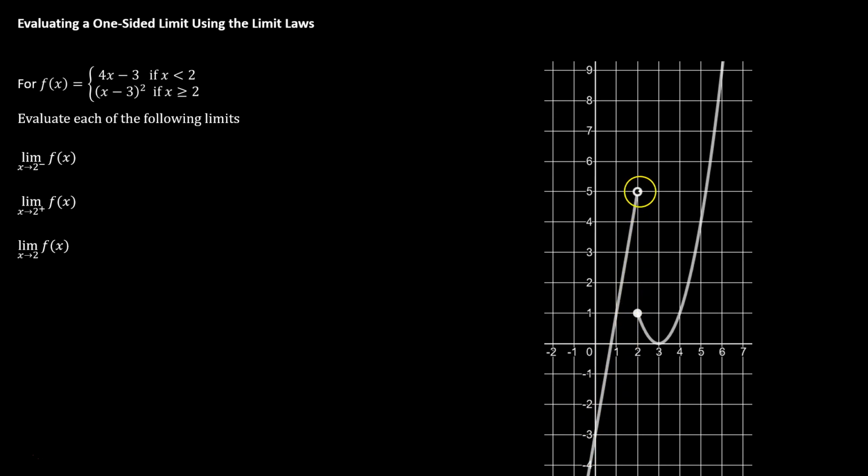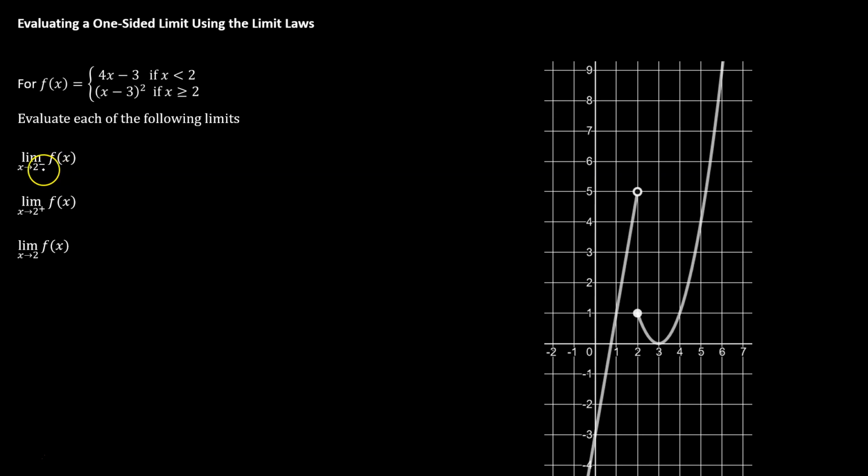But if x is equal to 2, we are not on that line. We jump to the other curve, which is defined by x minus 3 quantity squared. So we have our piecewise function here. If we wanted to evaluate the limit as x is approaching 2, we would have to do the left side first, right side second, or vice versa, but we'd have to do it one side at a time.